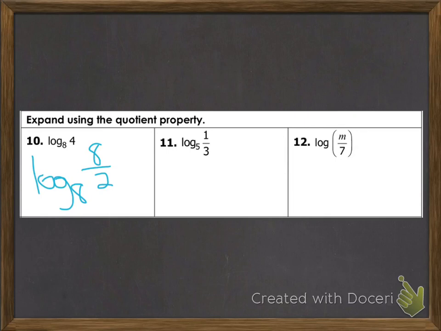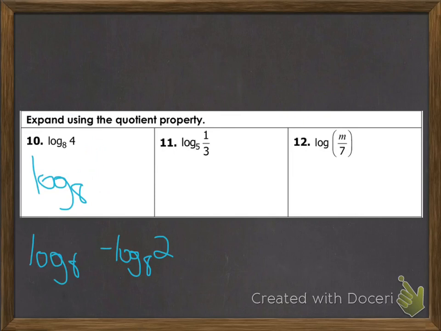Whenever you expand it, you would have log base 8 of 8 minus log base 8 of 2. That's a potential answer. Another answer you could put is 16 divided by 4, since 16 divided by 4 would still get me this 4.